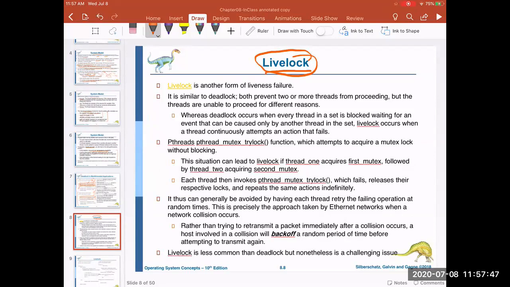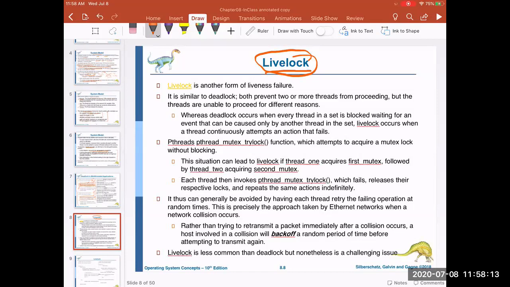In that we discussed that liveness means all processes are making progress. If they are not making any progress, then it is called a liveness failure. Deadlock is one situation which is a liveness failure. So if there is a deadlock, we call it a liveness failure.